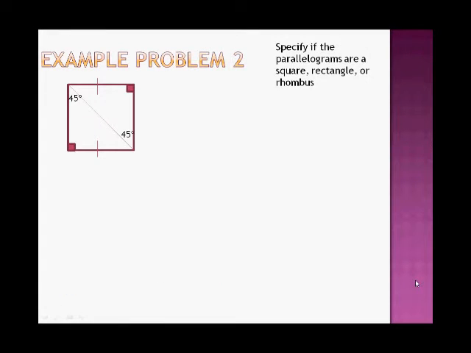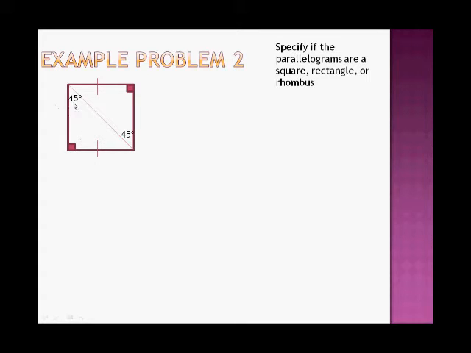Example problem 2. Specify if the parallelograms are a square, rectangle, or rhombus. So right here is our first shape. And we know that these two opposite sides are congruent, but it's kind of given since it's a parallelogram. We have two right angles, but since it looks like a square, we want 4 right angles, but we don't have any.